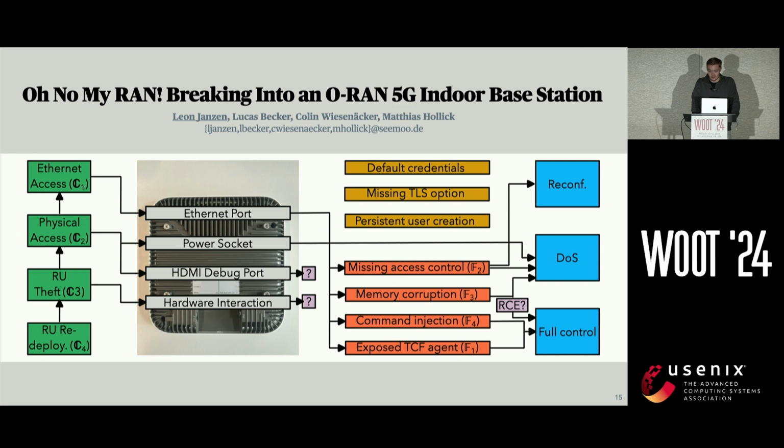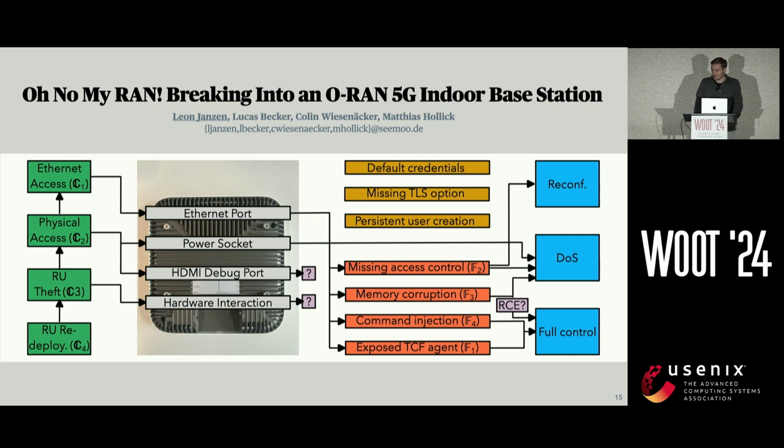Then there were some places where we found deviations from the Open RAN M-plane standards. I just briefly talked about that. It's in more detail in the paper, but at the bottom in the orange boxes are the findings. Two of them gave us full control of the RU. There's another finding where we assume a remote code execution is possible, but you can basically conduct denial of service attacks and you can reconfigure the RU, which is critical here.